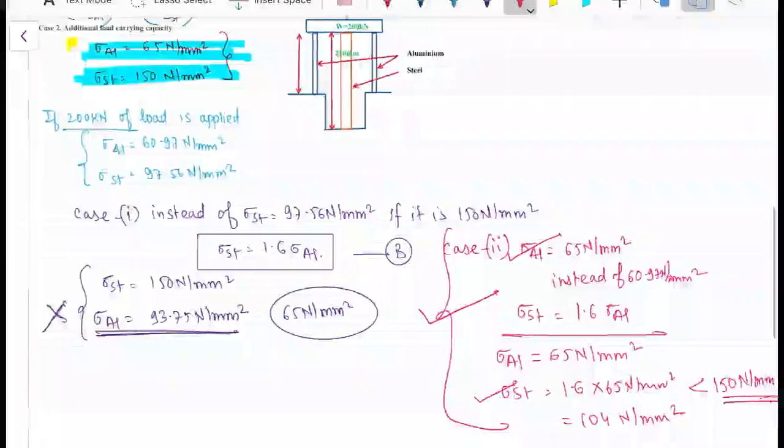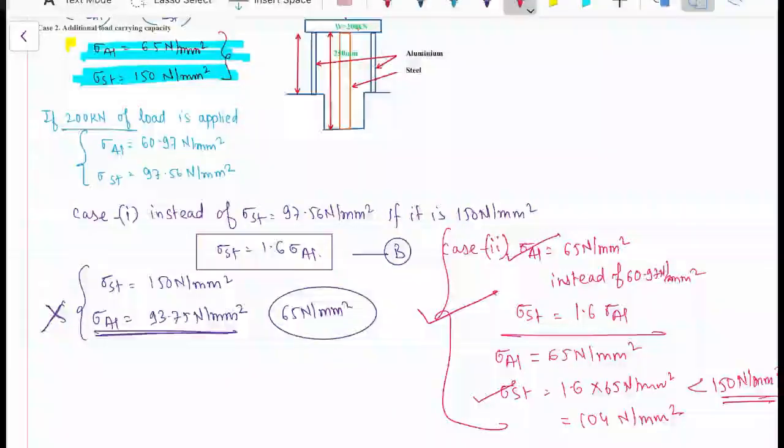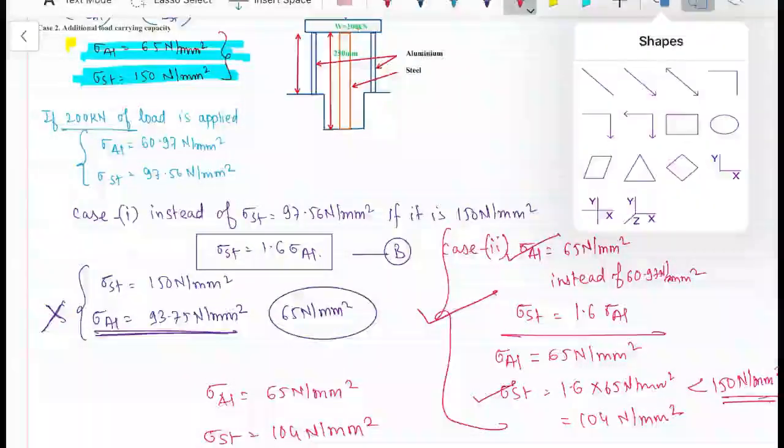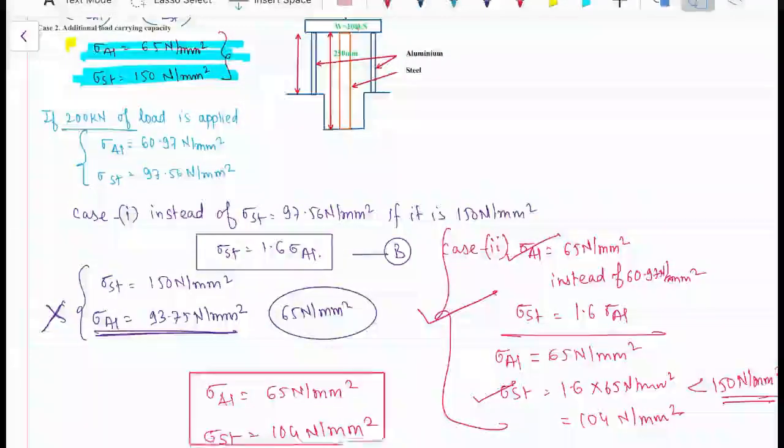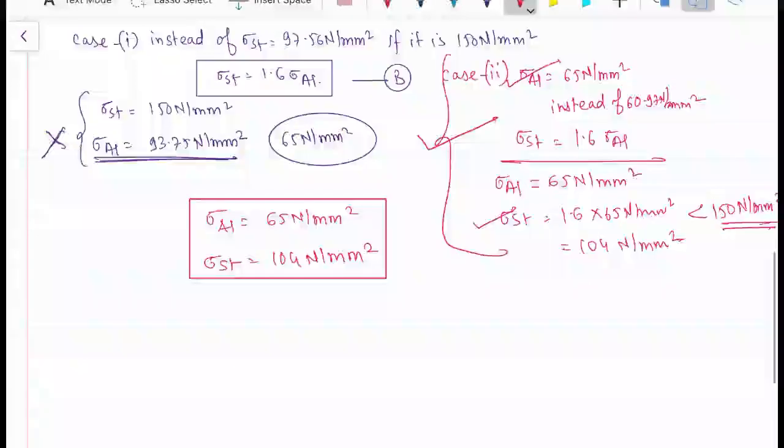It means the maximum stress the steel and aluminum can carry will be, sigma aluminum equal to 65 Newton per mm square, sigma steel equal to 104 Newton per mm square. So these will be the maximum stress values in this problem.